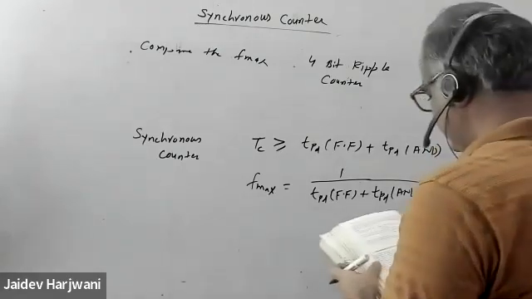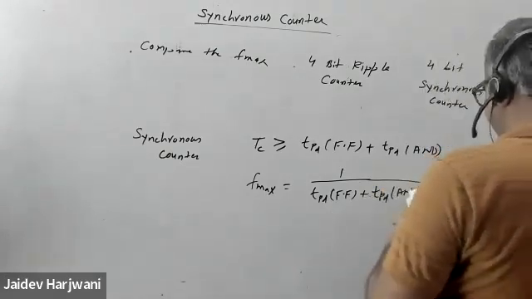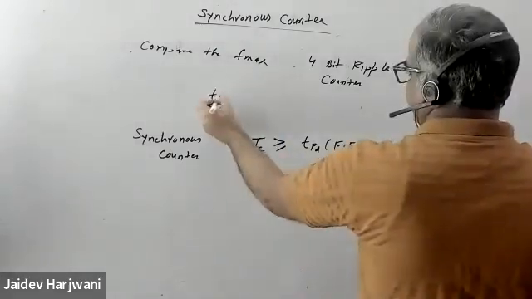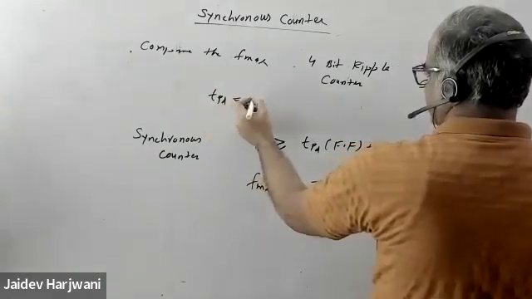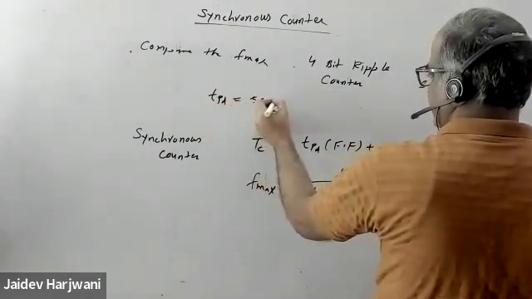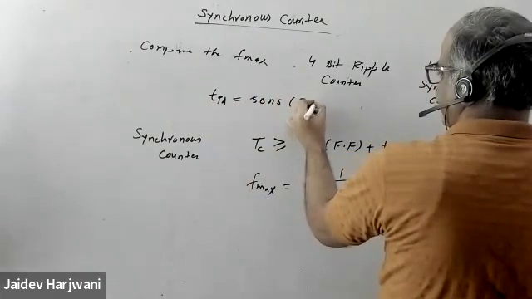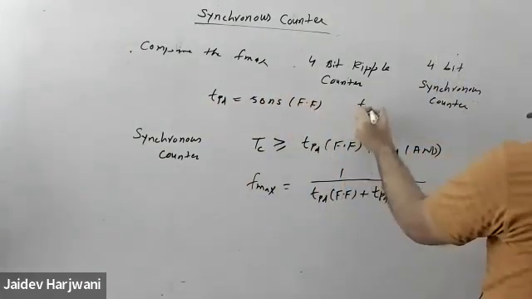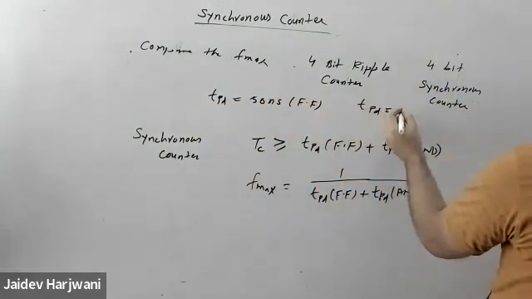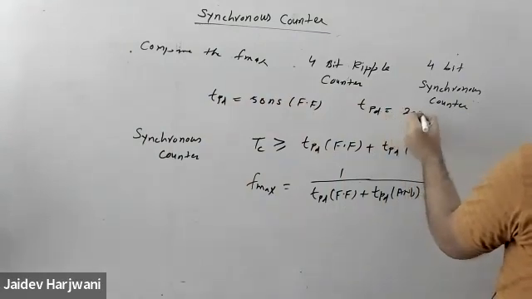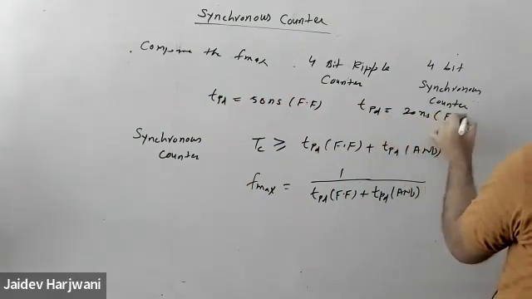They have given you the TPD for the flip-flop, which is 50 nanoseconds, and the TPD for the AND gate is 20 nanoseconds.